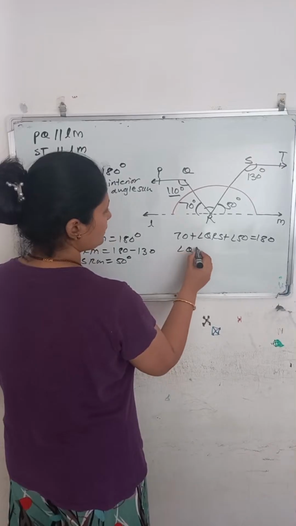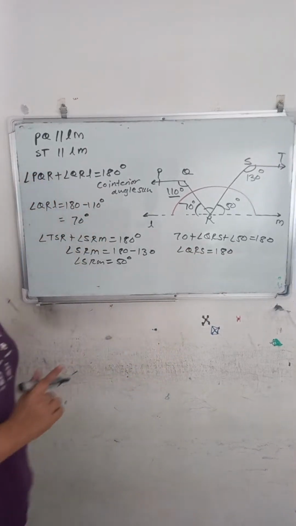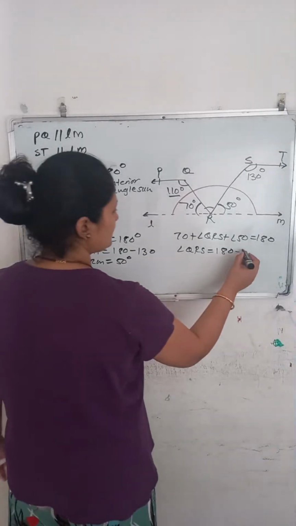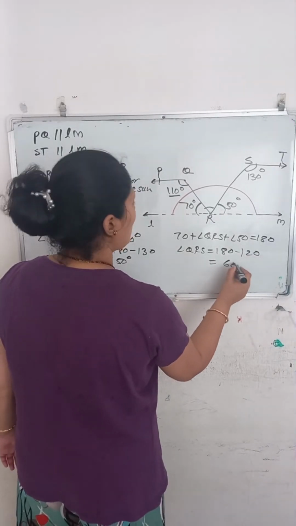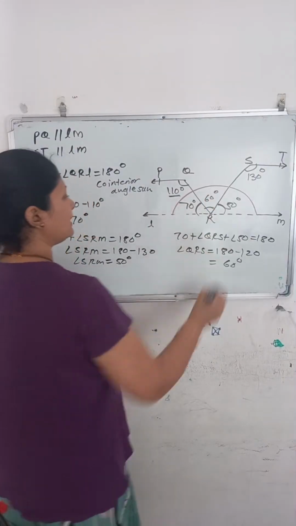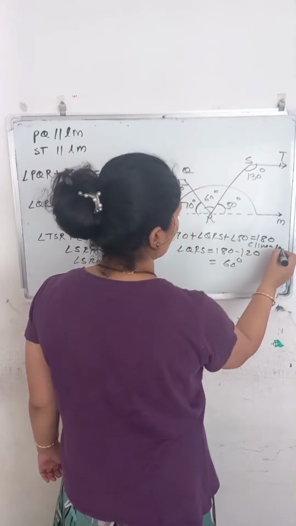So angle QRS is equal to 180 minus, 50 plus 70 is 120, so 60. So this angle I am getting is 60. And what is the reason here? Linear pair.